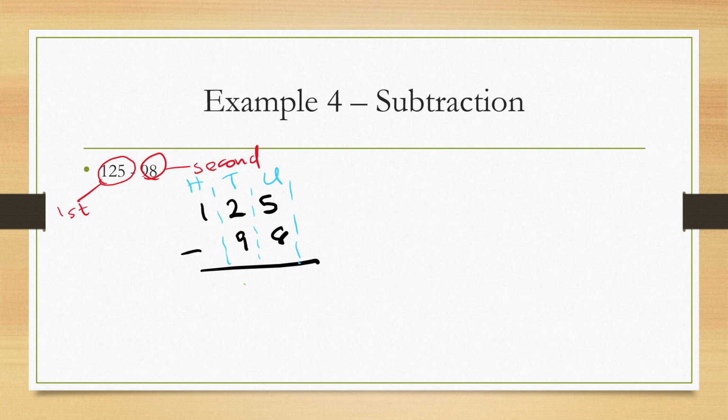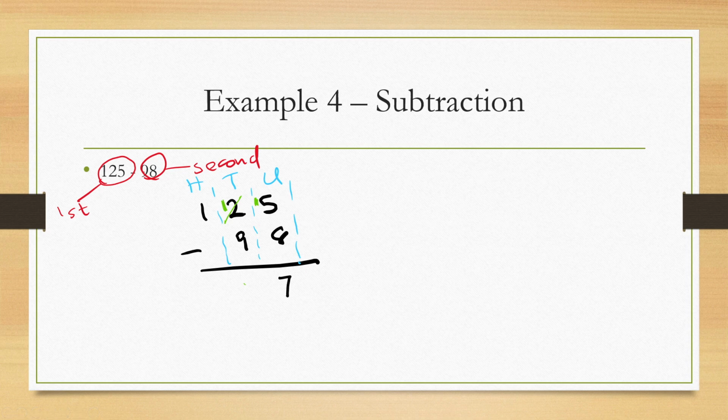Because 5 is smaller than 8, you need to borrow 1 from the 2 next to it. So 2 becomes 1, and only 1 is left over in this column. You bring 1 over to the units, so now this becomes 15 because you borrowed from the tens column. 15 minus 8 is 7.